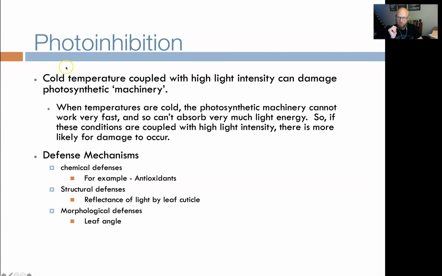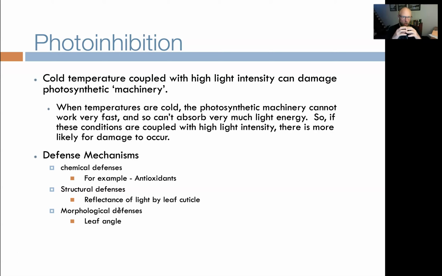So the first part of this slide summarizes what I just said. And the second one here, these defense mechanisms, that's what we'll talk about for just a second. So one way to deal with a high light environment is chemical defenses. These chemical defenses can help protect the proteins and enzymes from damage so they can maintain function despite this high light environment that they're growing in.